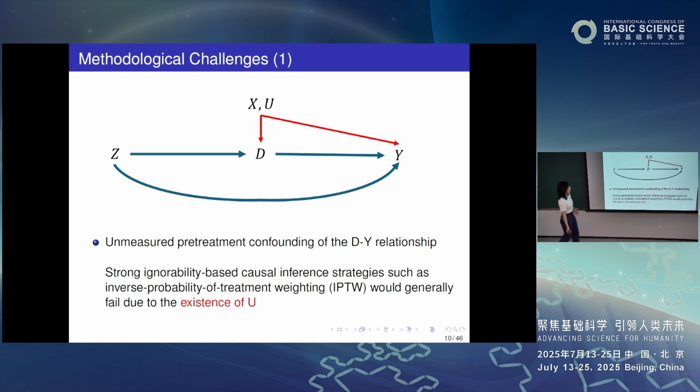The assumption is strong ignorability, which means that both Z and D are conditionally independent, or kind of randomized, given observed covariates X. But here we have U. So only conditioning on X, D is still not randomized. IPTW cannot address the existence of U, so this method will fail when you have U in the D-Y relationship. So this does not work.